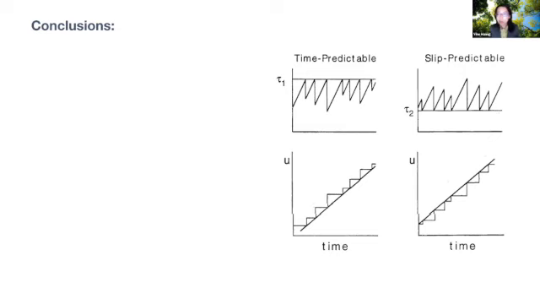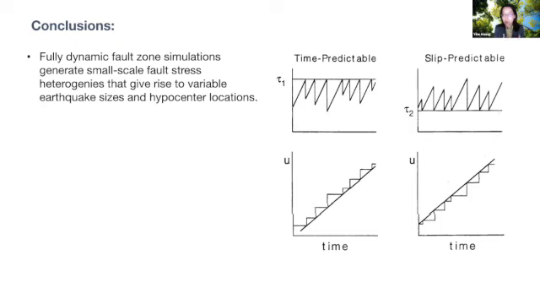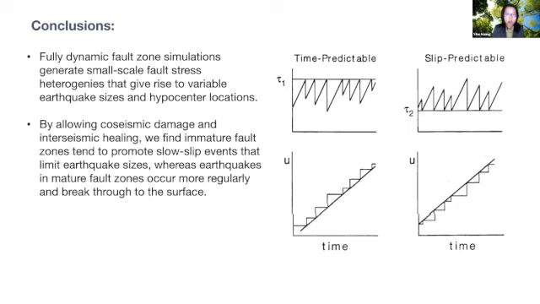Just to conclude my talk here, I'm showing that when we have these near fault low velocity structures, the fault zone waves can generate small scale stress heterogeneities. In turn, we can have variable earthquake sizes and hypocenter locations. And these effects actually become even stronger when we allow these near fault materials to change over time.